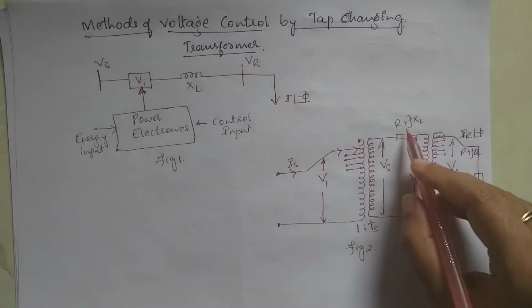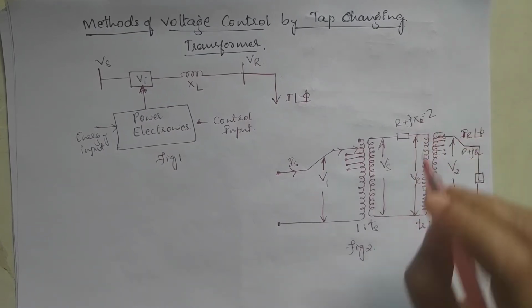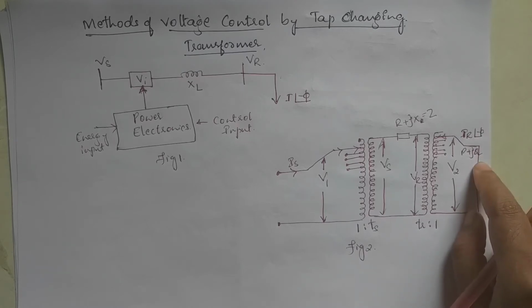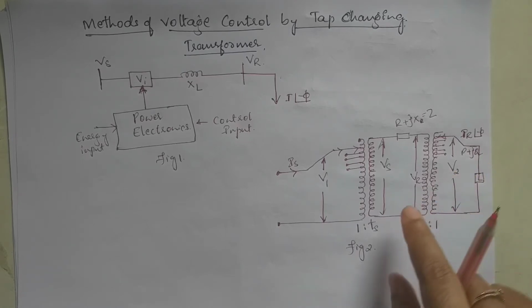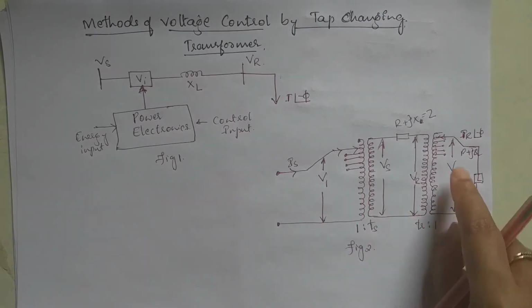Here R plus jX is the impedance. IR at an angle minus phi is the receiving end current. P plus jQ is the receiving end power. V1 and V2 are the nominal voltages at the end of the line.